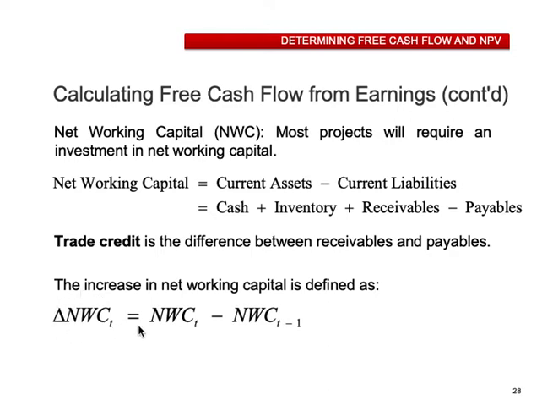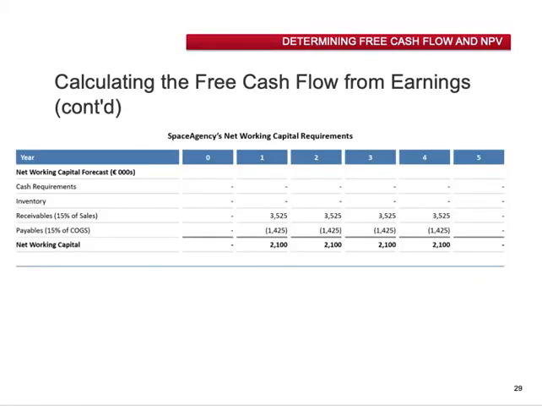Vice versa, if you have an inventory position that at the end of the year is smaller than your inventory position that you started the year with, you actually have sold inventory and you need to add it to your cash flow.